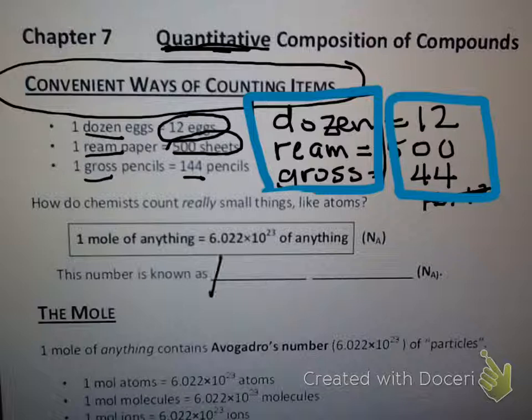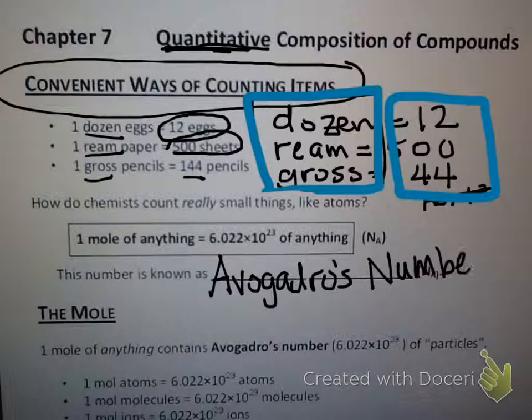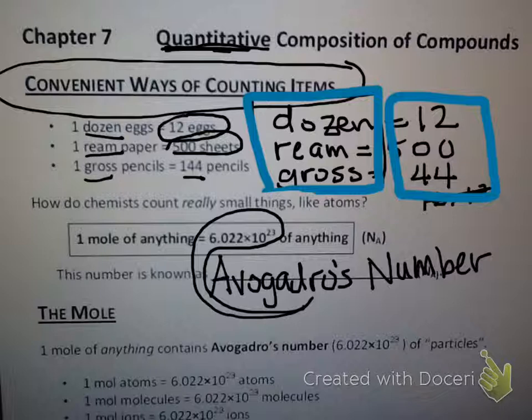So Avogadro's number is 6.022 times 10 to the 23rd of anything is a mole. Whenever we want to quickly abbreviate Avogadro's number, we use the abbreviation N sub capital A. Number of Avogadro's, Avogadro's number. So Avogadro's number is going to be very important to counting small things like atoms in this chapter.